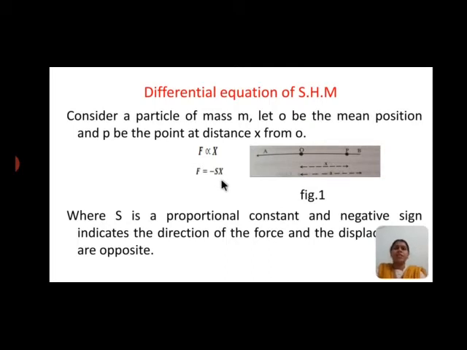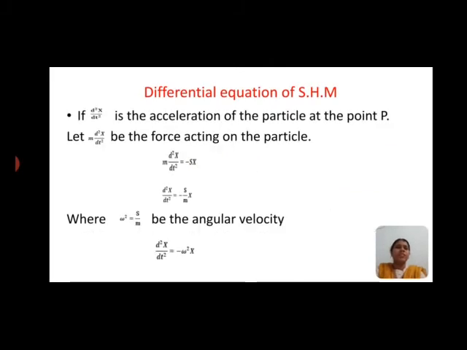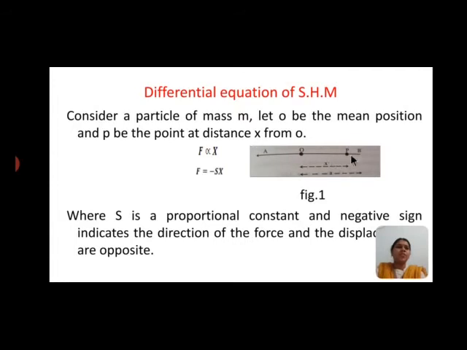Now write down the acceleration of the particle at point P. As we know, the acceleration is d square x by dt square, because from O to P the particle has travelled a distance of x.